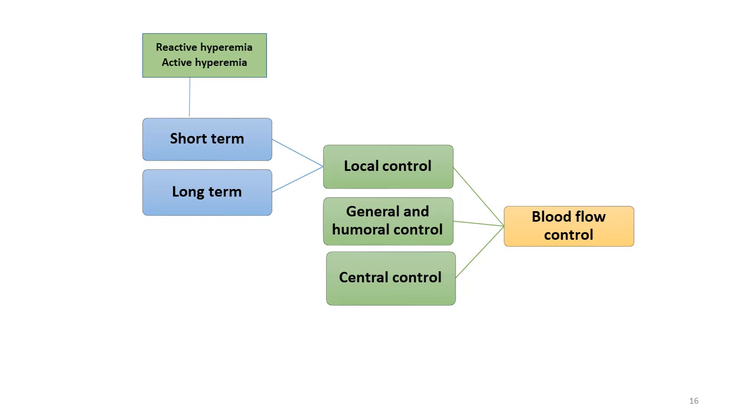This is an example of reactive hyperemia. Reactive hyperemia is the return of blood flow after some occlusion, for example ischemia or even pressing the fingertip. Active hyperemia happens during exercise or any local increase of blood flow.